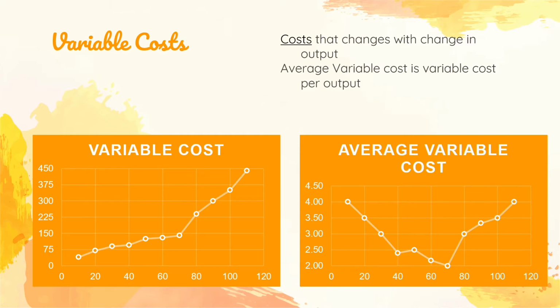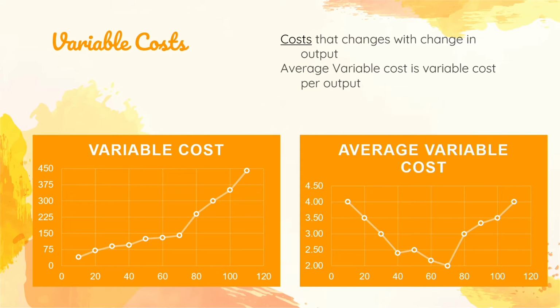But if you're producing 100 plastic bottles, you might need 10 kgs of plastic. So it changes with change in output. The first graph shows that cost increases with increase in output, so it is directly proportional.